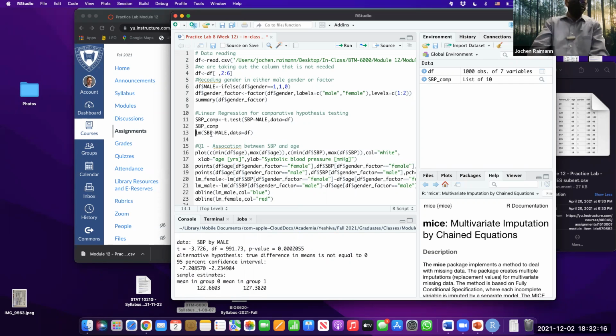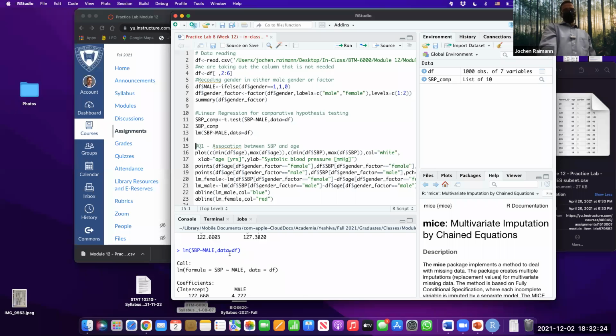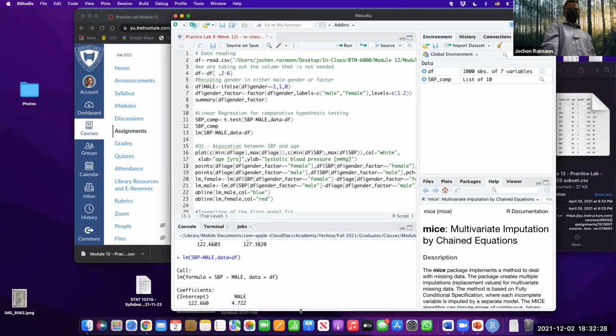What is interesting in this context is that this difference, when you have a linear regression and a binary variable, that one unit change gives you an estimate of that slope.